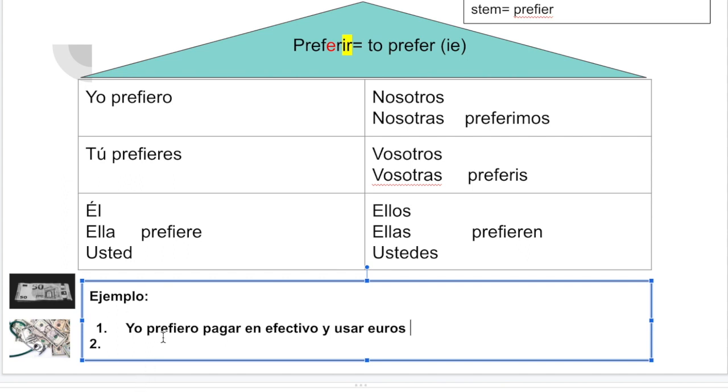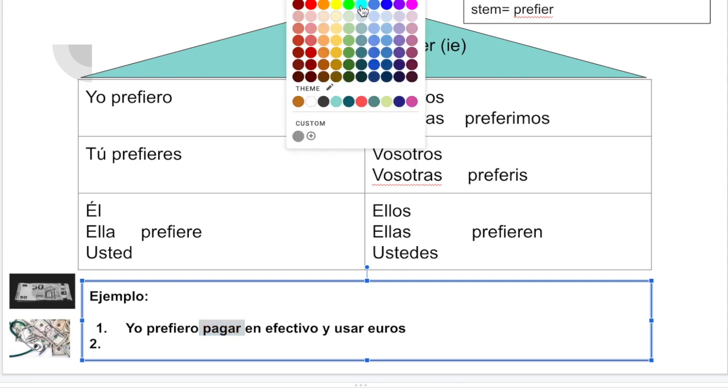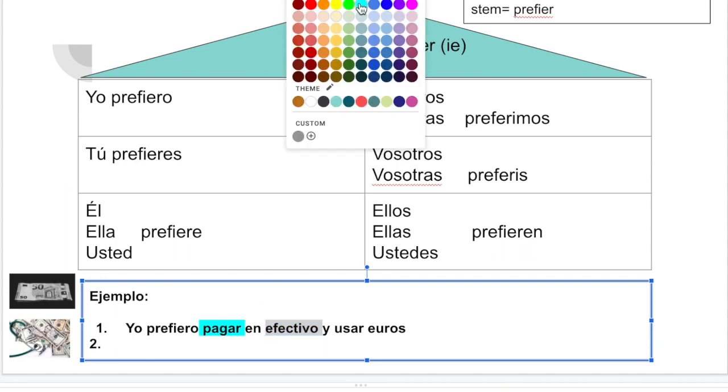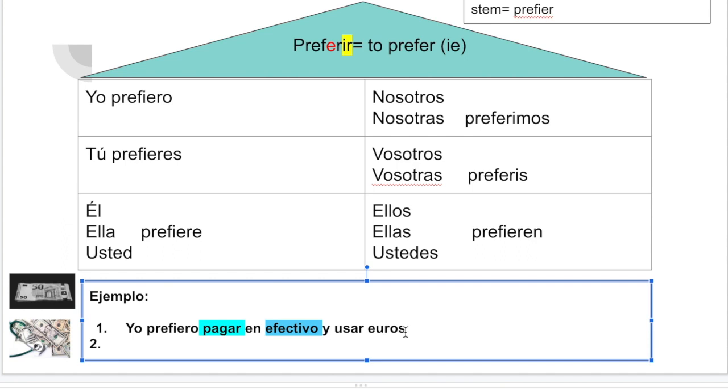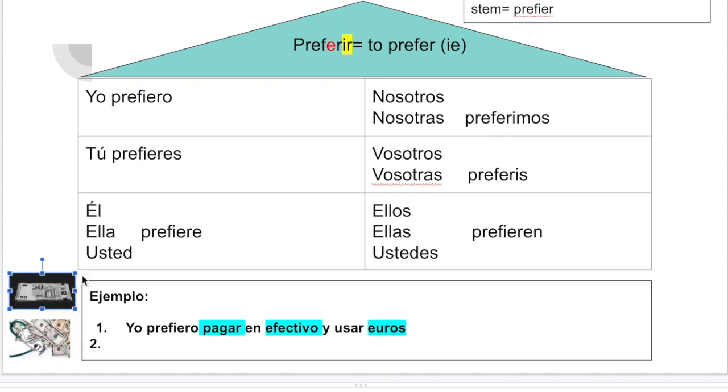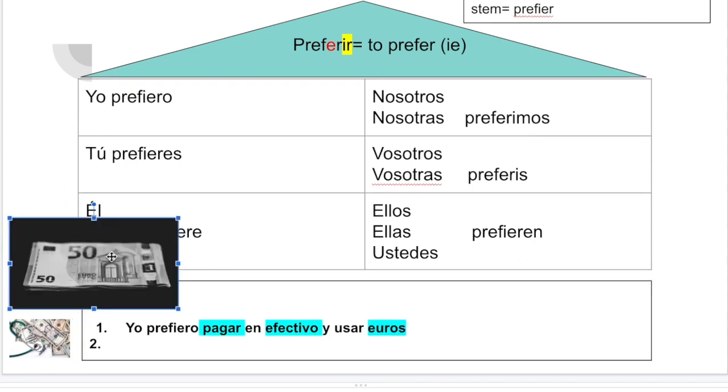Okay, now the vocabulary. I prefer to pay, so this is a new word, to pay, in cash, and use euros. So I have an example here. So those are euros.